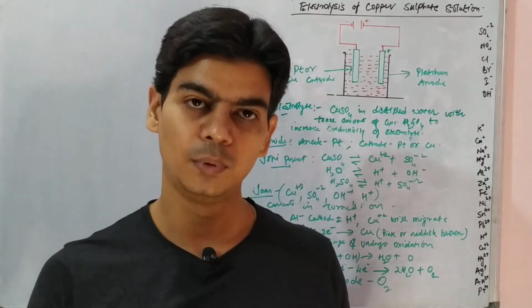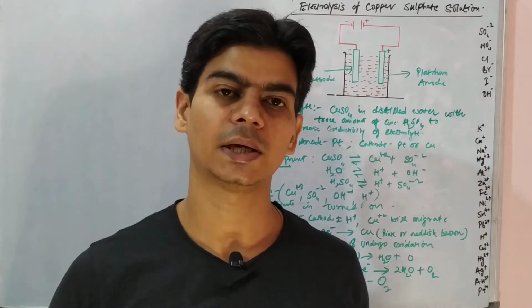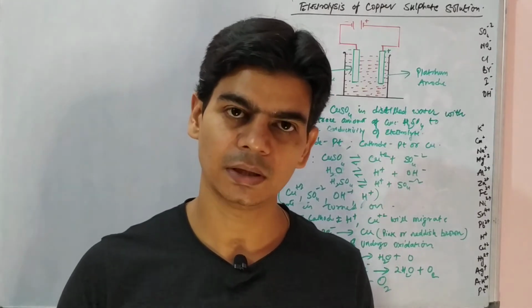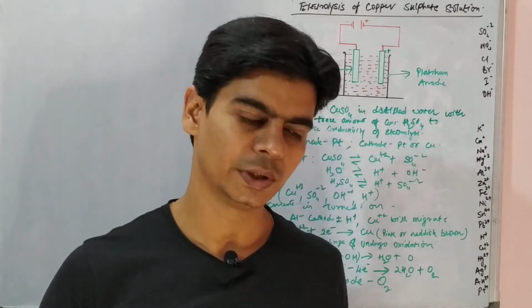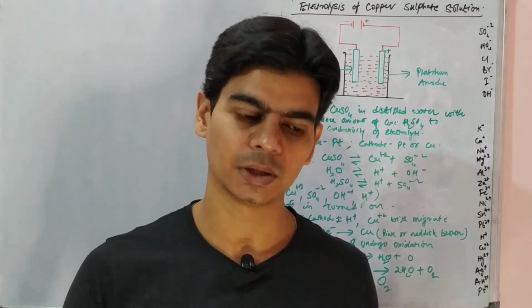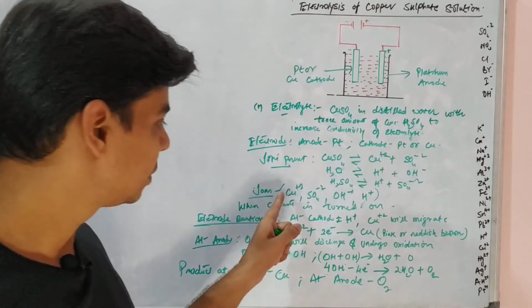Slowly you will see that the blue color of the electrolyte will fade, because the blue color was due to these copper ions.